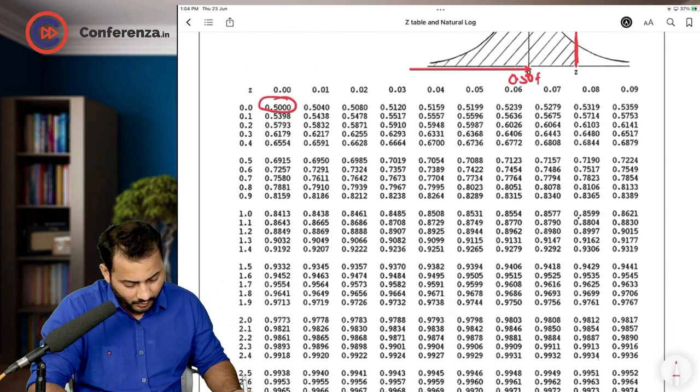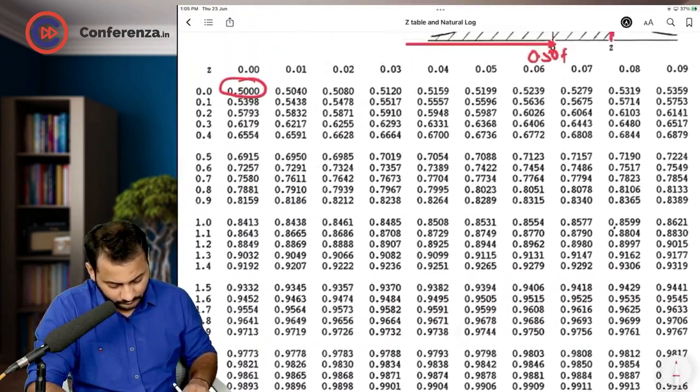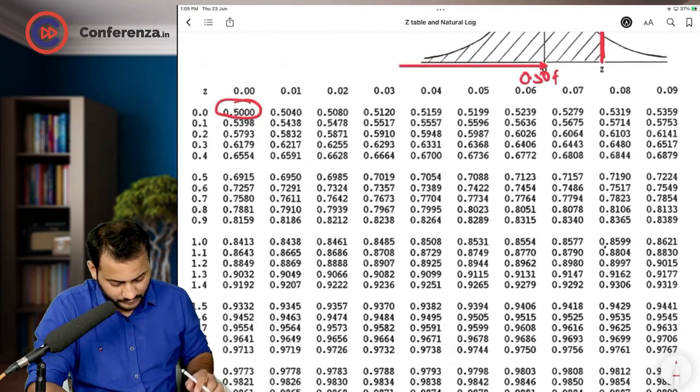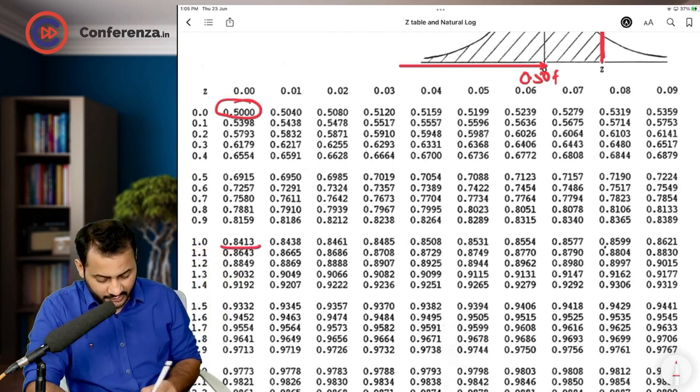0.65. See, if you go one standard deviation away, the cumulative figure is 0.8413.